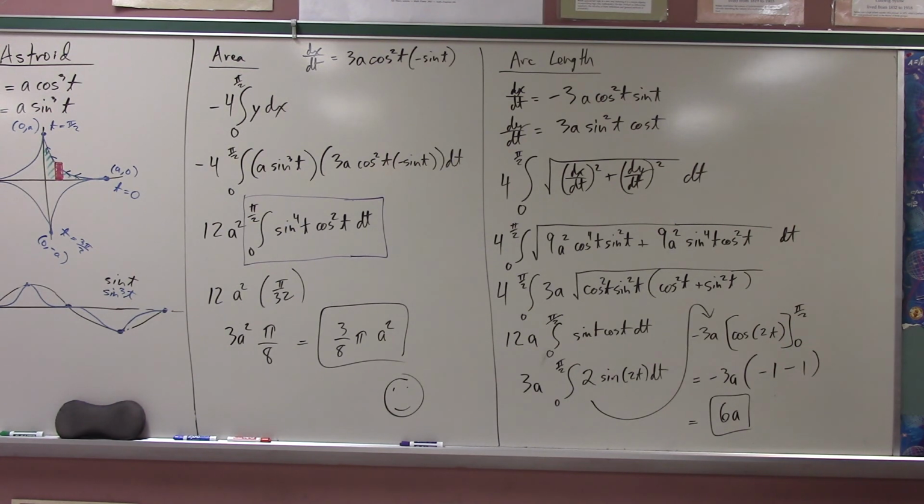Because in a circle it's 2 pi r, so this is basically 6r essentially. So the length around an asteroid is just a tiny bit less than the length around a circle of the same size, and the area inside an asteroid is 3/8 of the area. So that's everything you ever want to know about an asteroid, I suppose.